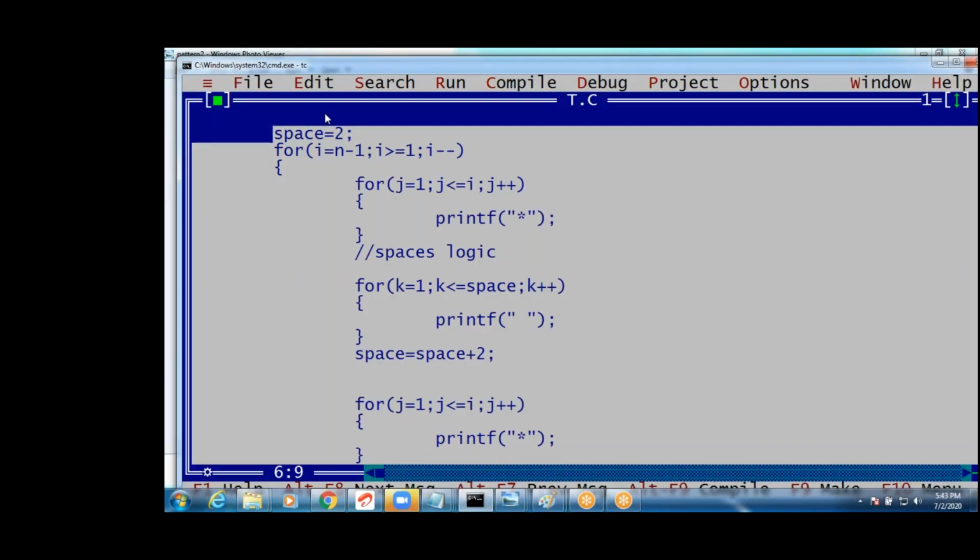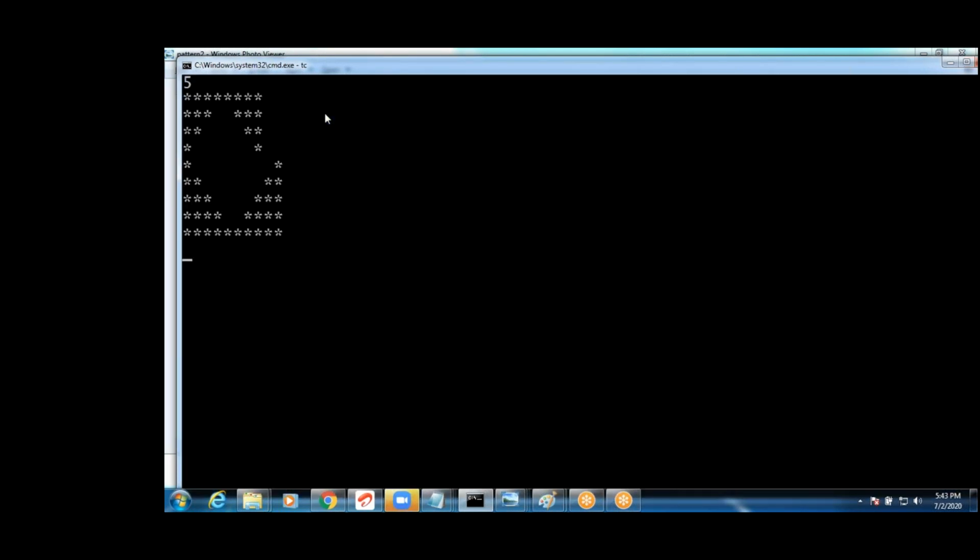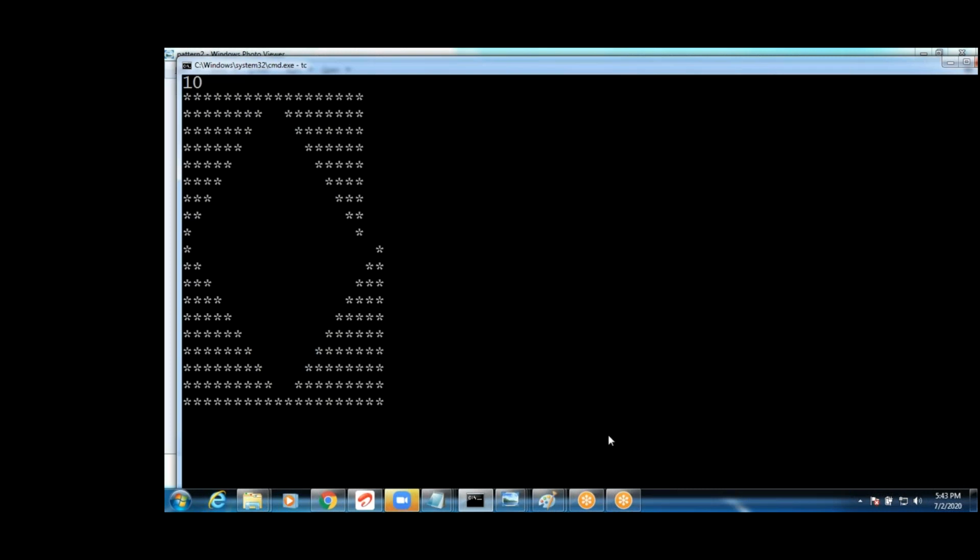Start from n here, not from n minus 1 then. Okay, 2, 4, this is a pattern, same pattern. Copy above, then you will get the same pattern. Butterfly only. If I remove this and write it down, then butterfly pattern.